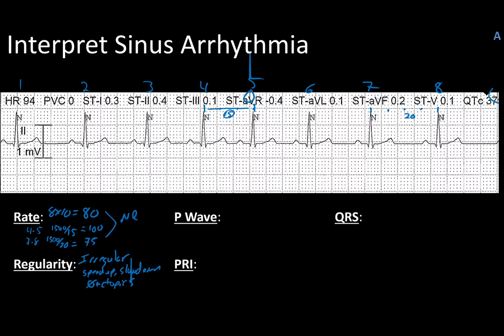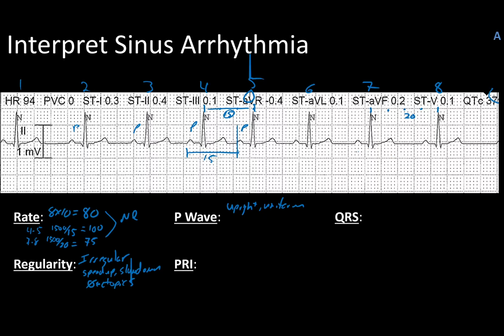We've decided it's irregular, so let's take a look at our P waves. And so each of my P's, I'll just mark a couple of them, all look pretty well upright, uniform, and consistent throughout. But are they consistent? Well, the answer is going to be no. If I go back through and I do these exact same measurements from here to here, that's 15.